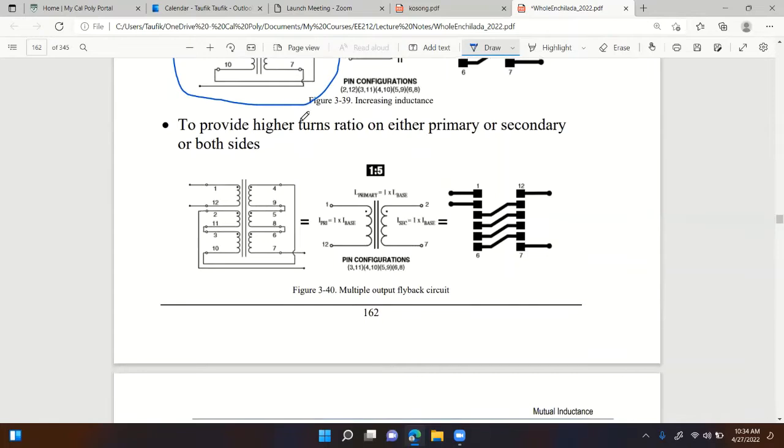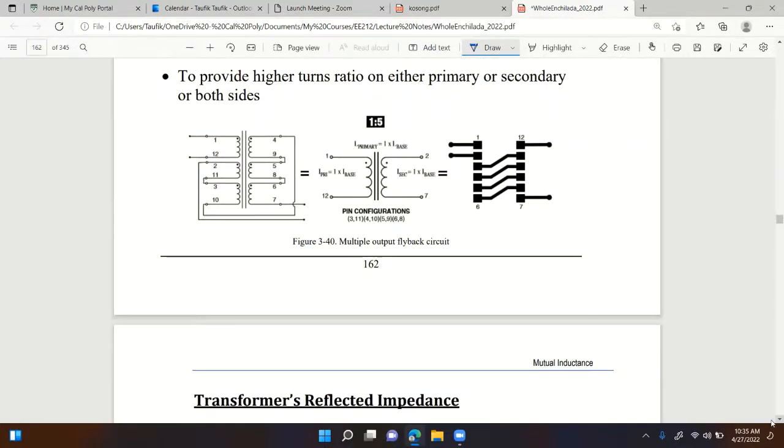Okay, that's another use. But then this next one has to do with turns ratio. That's another use of multiple windings. If let's say out of the 6 windings, you want a 1-to-1 ratio, then you can simply use 1 winding for the primary side and only 1 winding for the secondary side. If you want to do 1-to-5, such as this example, what do you do?